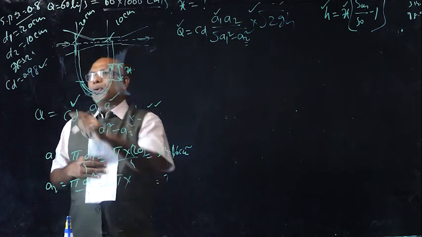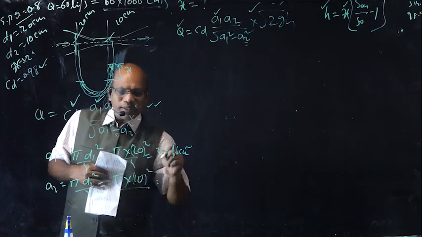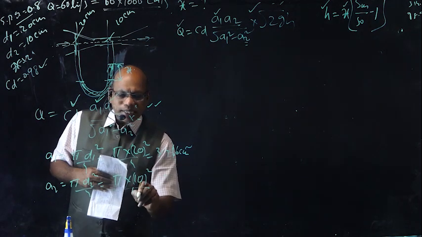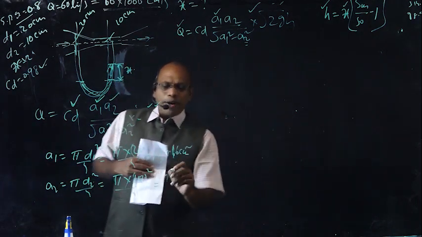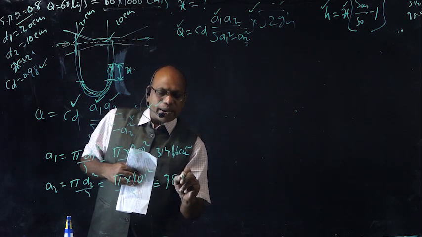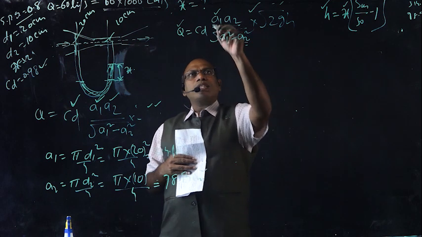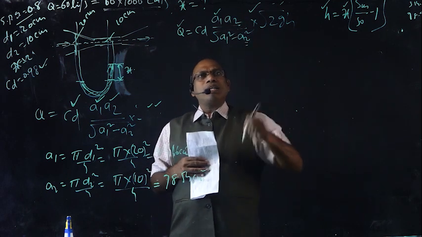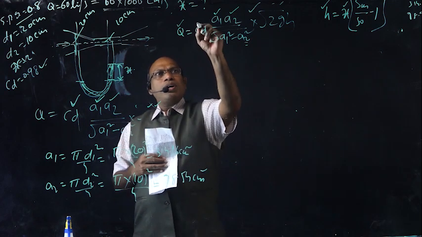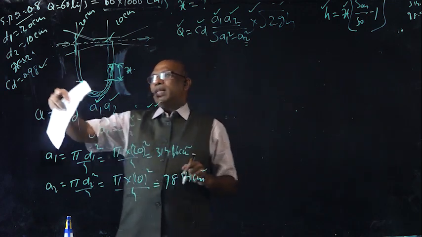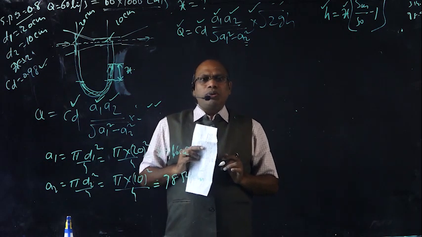Pi into D2, the diameter at the throat is given, that is 10 centimeters. This is equal to 78.54 centimeter square. Now we have determined the cross-sectional area at inlet, the cross-sectional area at throat, and the coefficient of discharge is also given in the problem, 0.98. All parameters are known to us.